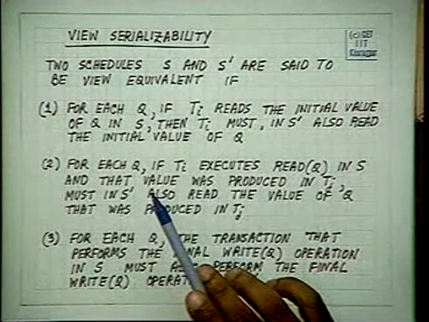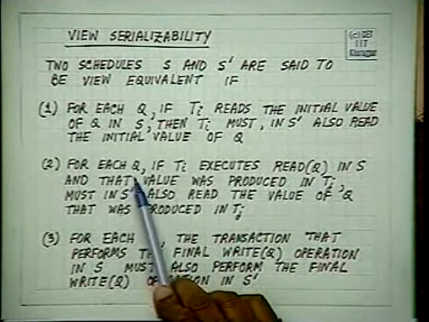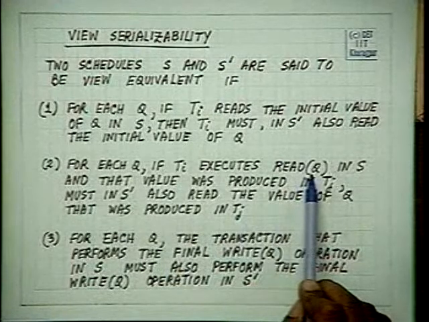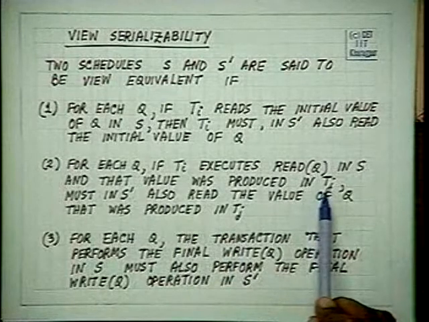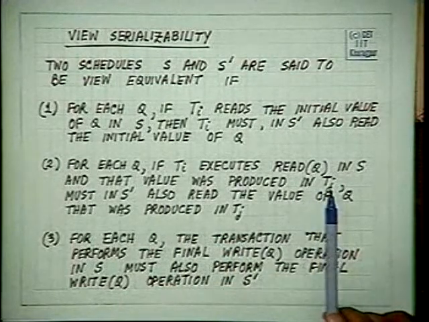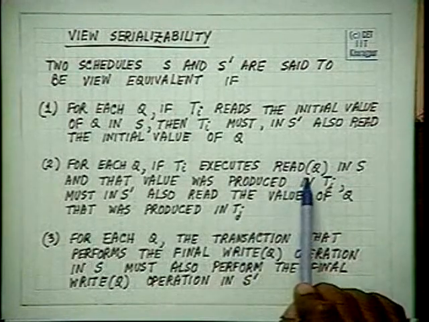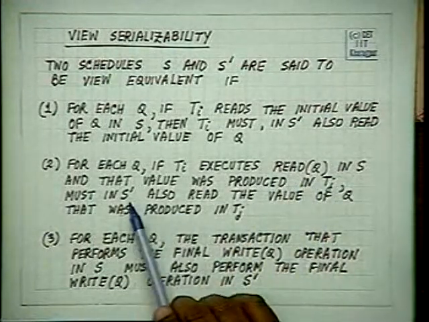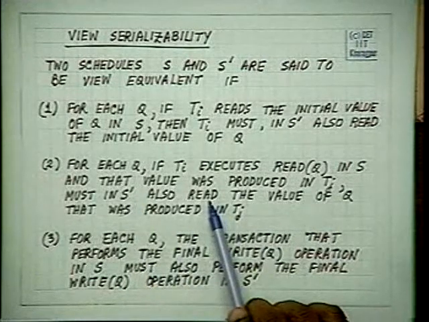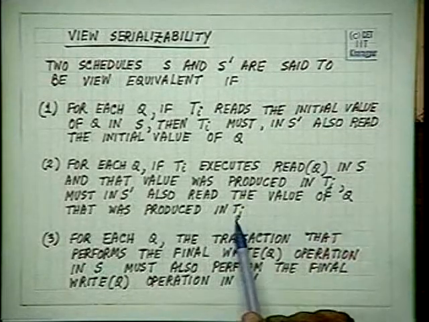Whoever reads the first value of Q must also read the first value of Q here, for every Q. Secondly, for each Q, if Ti executes read Q in the original schedule S, and this value was produced in Tj, that is, there was a write Q in Tj which produced Q, and then Ti read it after that, then in the new schedule S dash, Ti must read the value of Q that was produced in Tj.